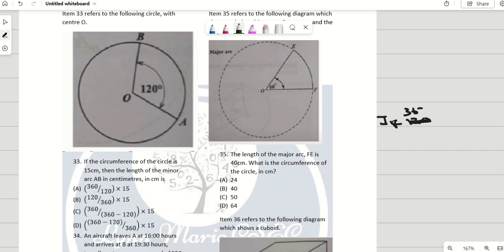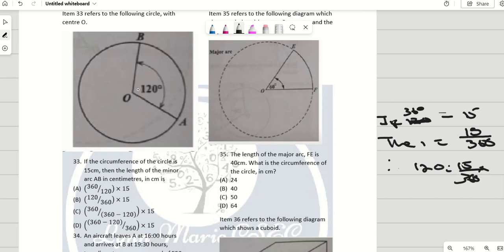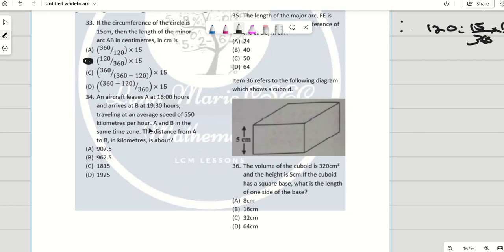If 360 is equal to 15, then 1 is 15 over 360, and therefore we want 120, which would be 15 over 360 multiplied by 120 over 1. We want 120 over 360 multiplied by 15, so the answer here is B.